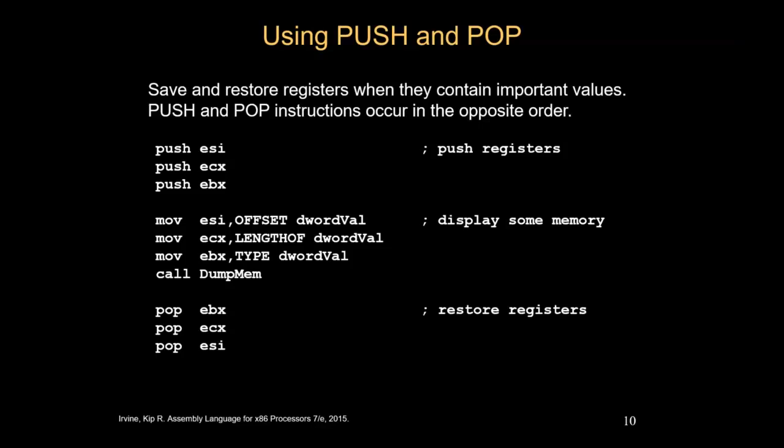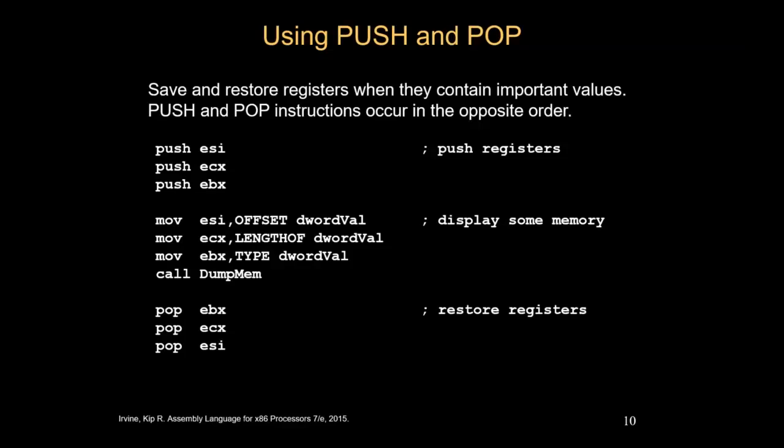Yeah, I think I have something. This is the simplest one. It doesn't have ESI or ECX or EBX. But let me just try. You move 5 into AX. That's the first one. And then you push AX into the stack.